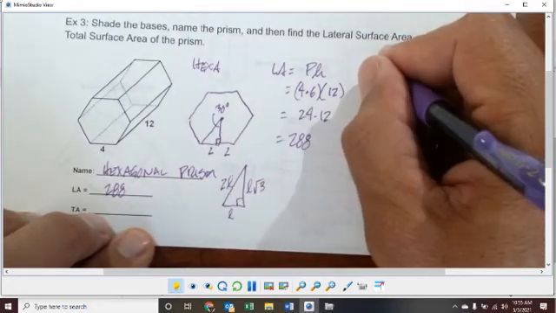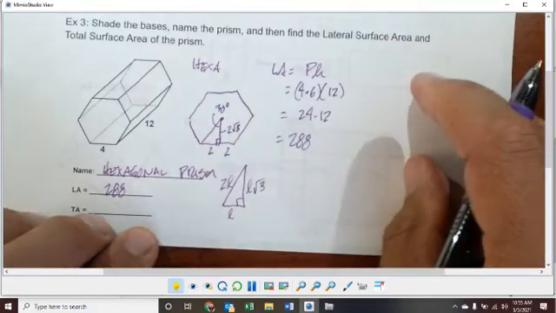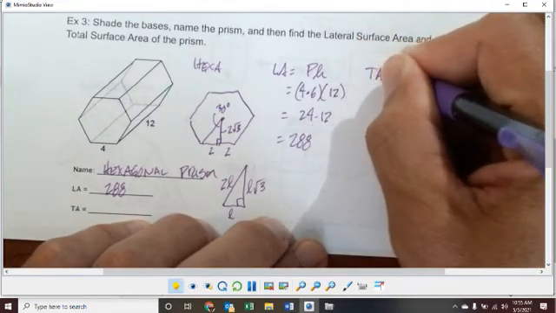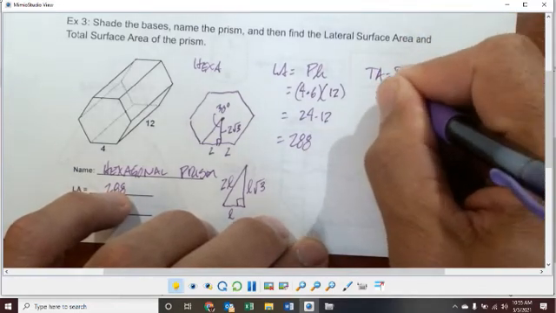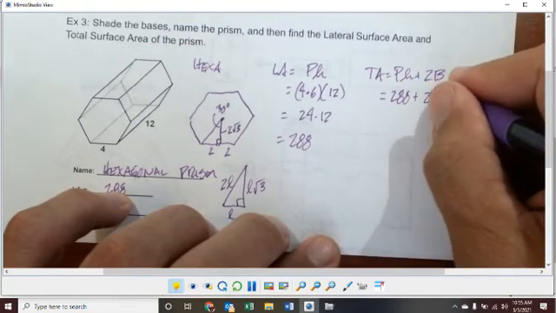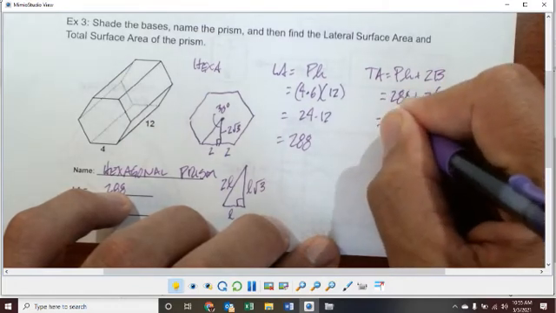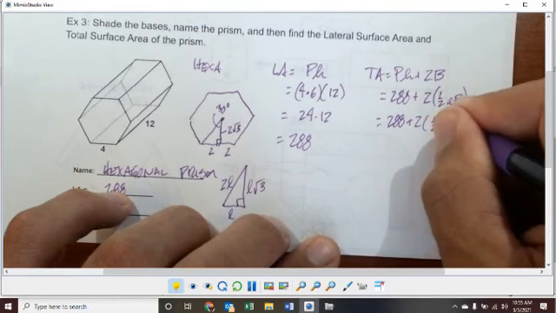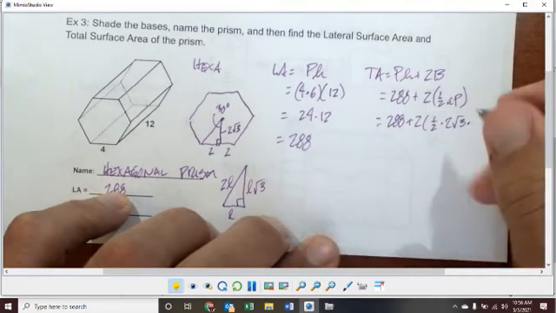So that means that our apothem here is 2 square root 3. So we're going to say total area equals perimeter times the height plus 2 times the base. I already know this is 288 plus 2 times 1/2 times 2 square root of 3 times our perimeter of 24.